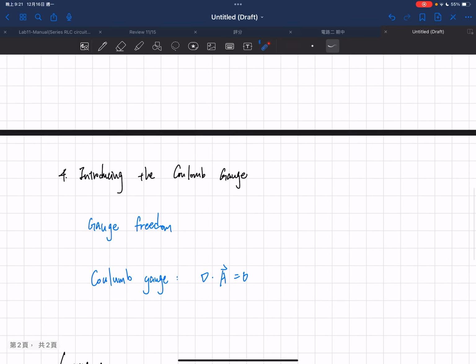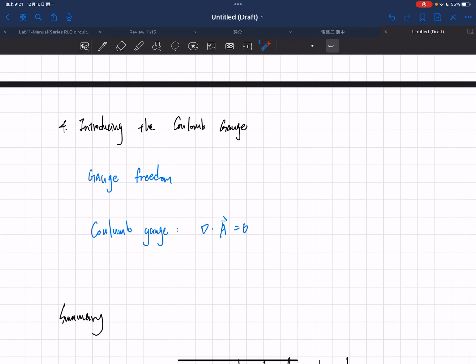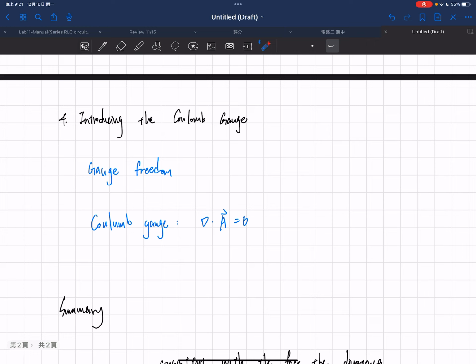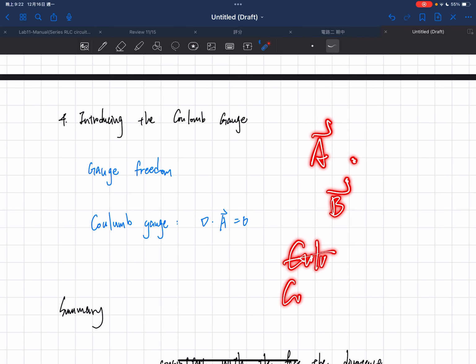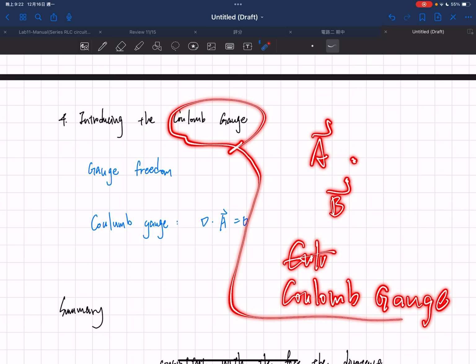Okay, and then we're going to introduce the Coulomb gauge. The vector potential A is not unique because there is a gauge freedom that allows for different A vector fields producing the same magnetic field B. To make calculation simpler, we impose a condition called the Coulomb gauge, which is the same as here.